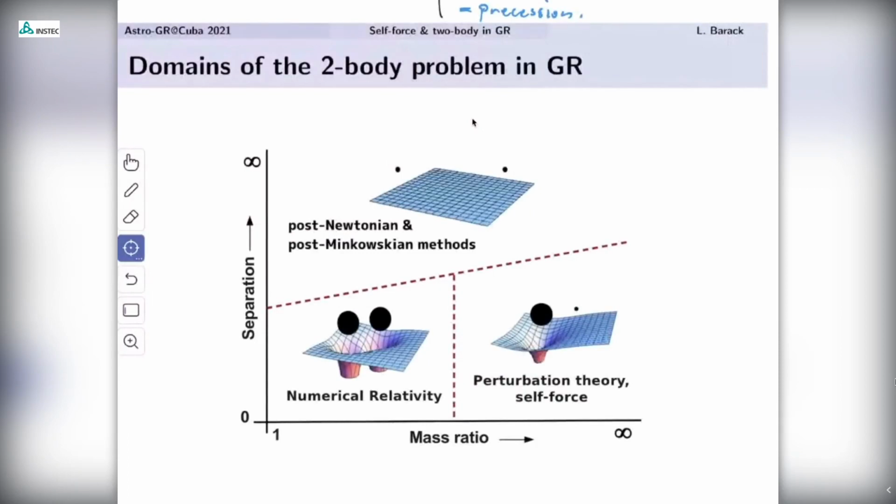Approximately, what is the lower mass ratio from which perturbation theory can be used? Very good question. Yes, we don't know. But at the very end of this talk, I will show you a graph that suggests what that may be. So this is a sort of fuzzy borderline. We expect there to be some sort of a transition, but what the transition is exactly, that's a question that people are looking into, really.